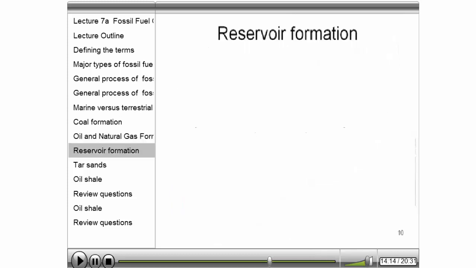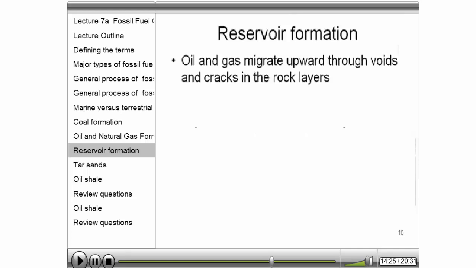The oil and natural gas deposits we find for commercial exploitation are referred to as reservoirs, and the reservoir formation process is rather distinctive as well.